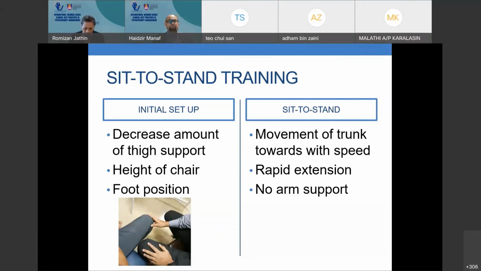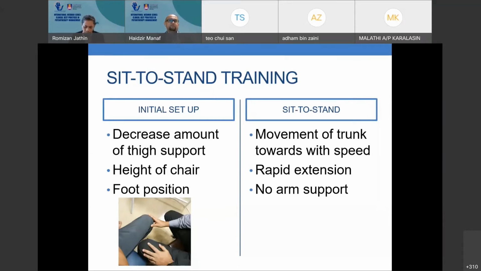It depends on the experience of the therapist. Some therapists told me that in the early stage, in order to teach the patient to become independent in sit to stand, they ask the patient to put the good leg behind the affected leg, to encourage the patient to be able to do the sit to stand activity.